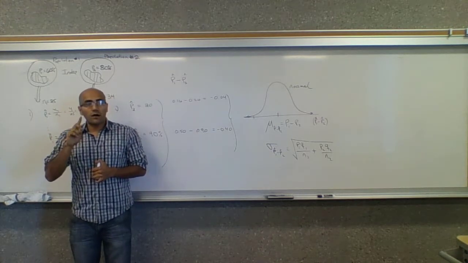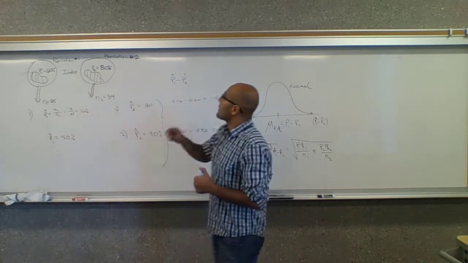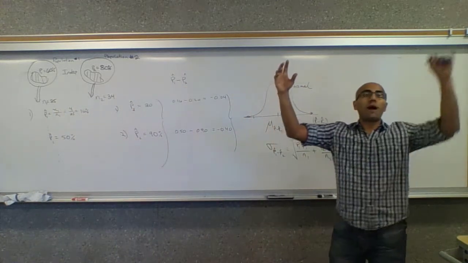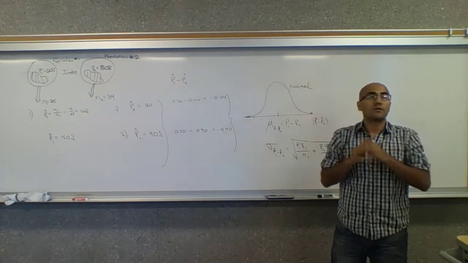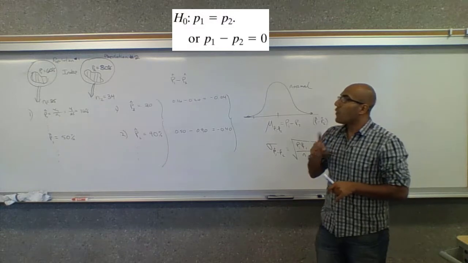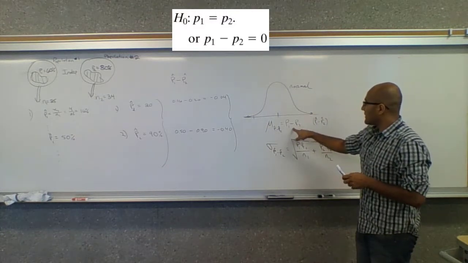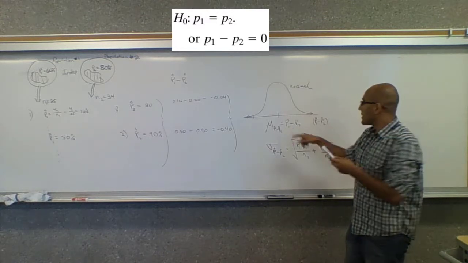But the hypothesis statement that we're going to be working with in this class is always going to be that the two population proportions are equal to each other. We don't know what they are, but we're going to assume they're equal to each other. And if they equal each other, what happens when I subtract them? They're going to be 0.